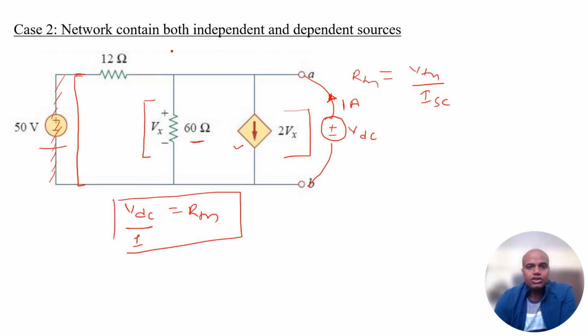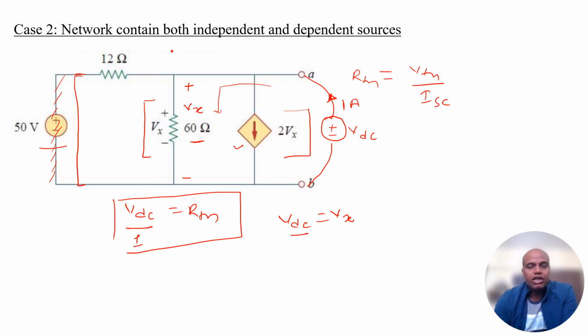Here, this voltage source is given as Vx, and if we apply KVL through the VDC and this loop, my VDC is nothing but Vx. So if I am able to find the value of Vx, I will find the value of VDC, which is nothing but the value of RTH.